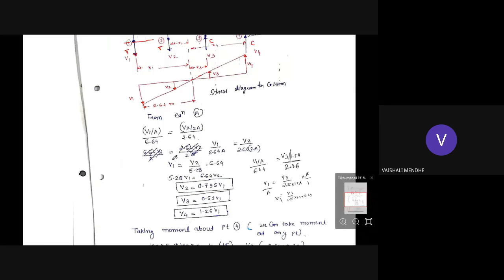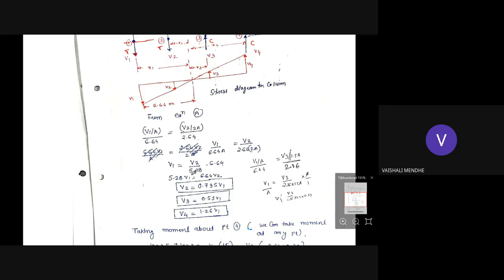Likewise, you can find out the relation of V1 in terms of V3, in terms of V4. Okay, means all the values of V2, V3 and V4 you find out the relation in terms of V1.